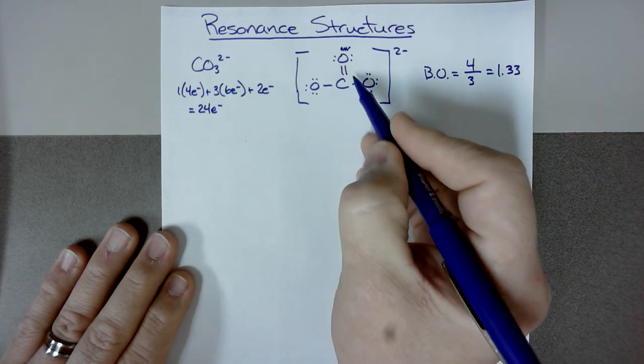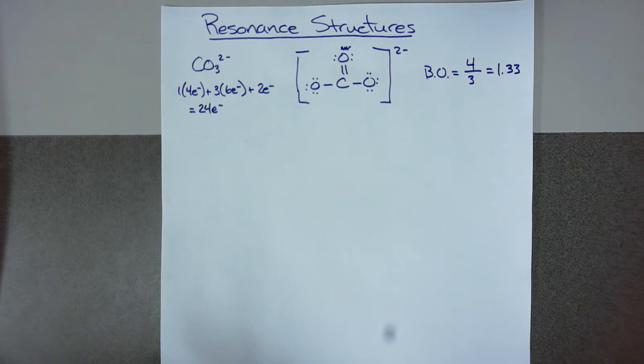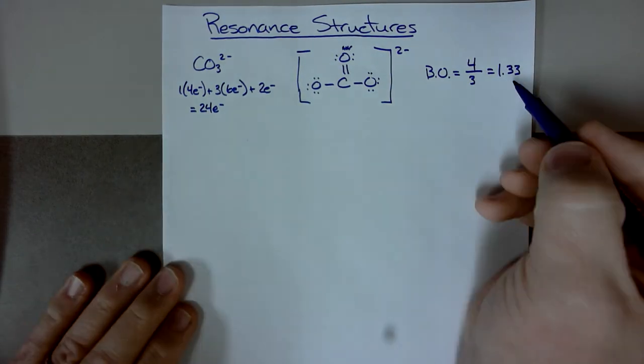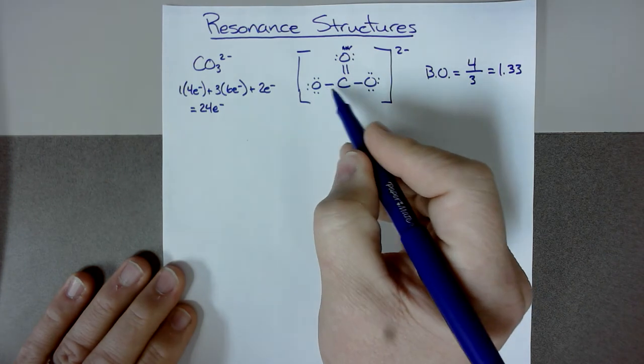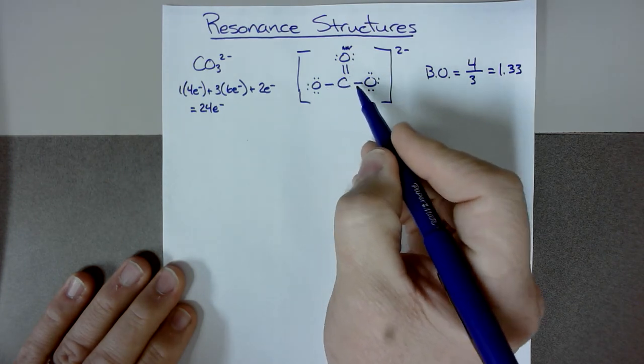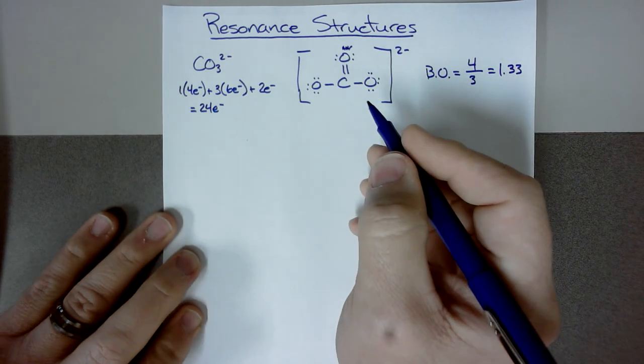The molecule doesn't see it as 2 singles and a double. It really is looking at bond orders of 1.33. So I have to be able to show how these electrons are shared equally between all of these bonds. To do that, we create resonance structures.